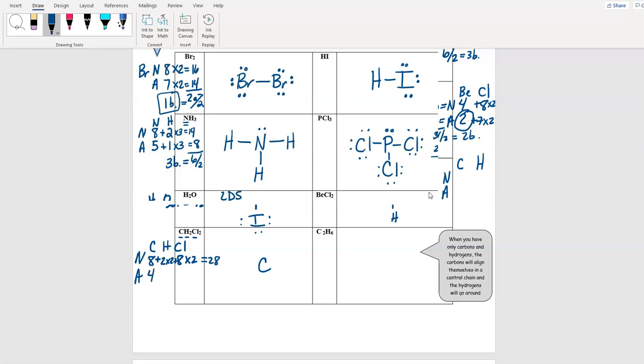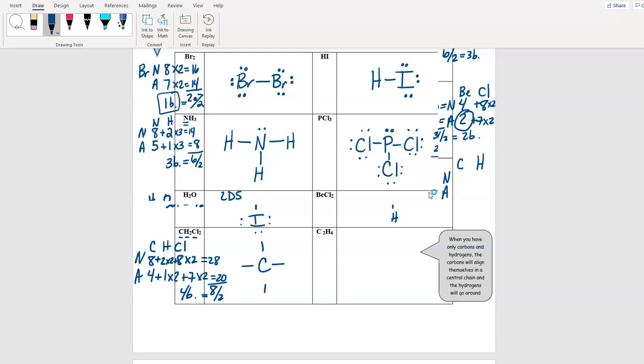Carbon valence is 4. Hydrogen is 1 times 2. Now chlorine, a halogen, has 7 but times 2. So 14 plus the 4 is 20. Subtract, divide, 4 bonds. Now I've got 2 hydrogens to put around him, and I need 4 bonds, with 2 chlorines.